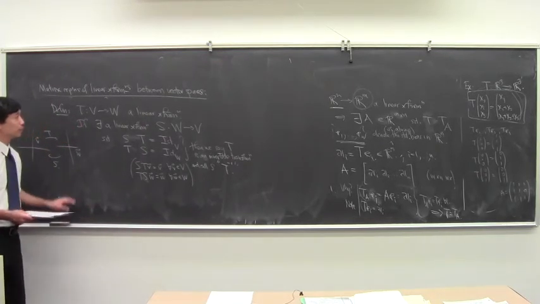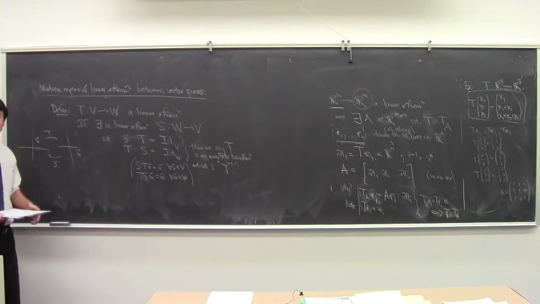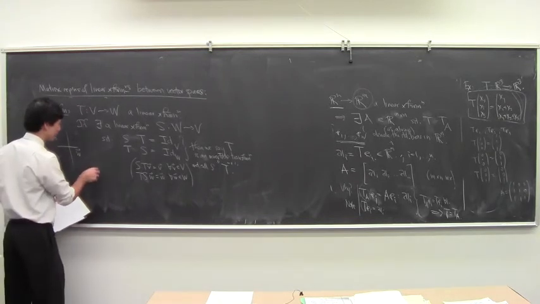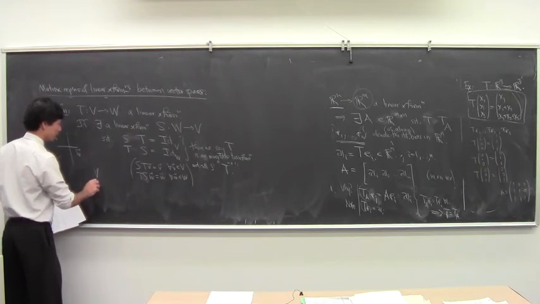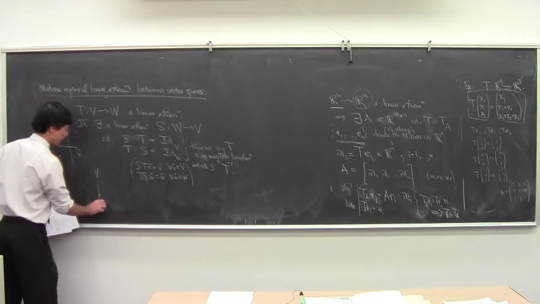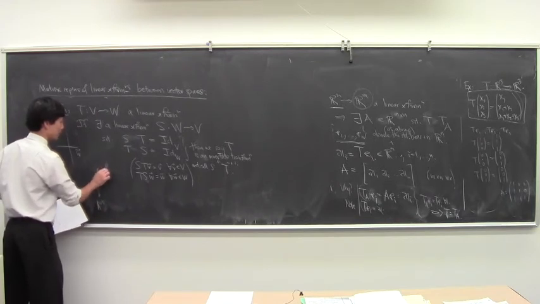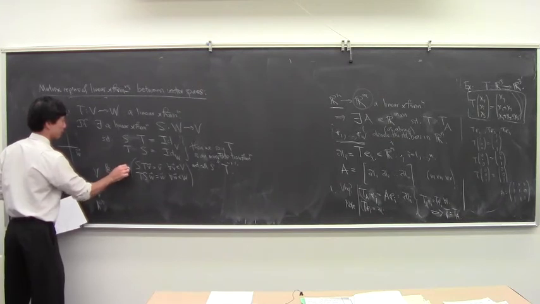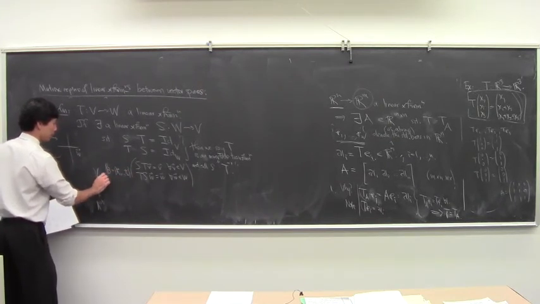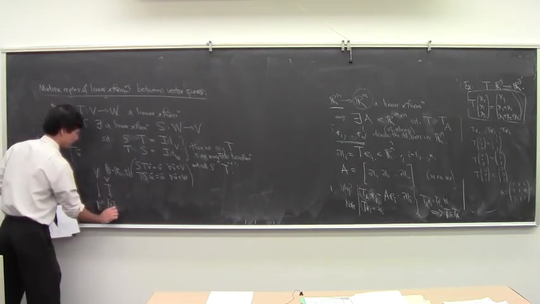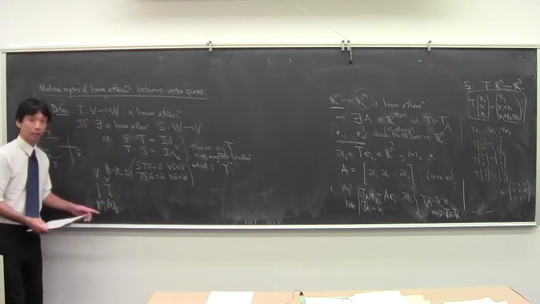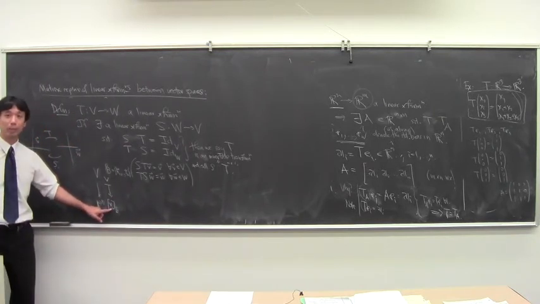Okay, so invertible transformations. For example, we've done this a couple of times. You have some n-dimensional vector space, and you have some basis, B1 through Bn. If you start with a vector V, you can map it down to V sub B, the coordinate vector with respect to the B basis.